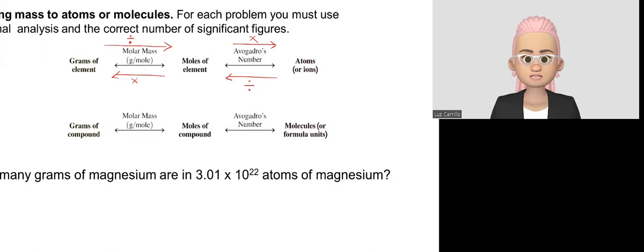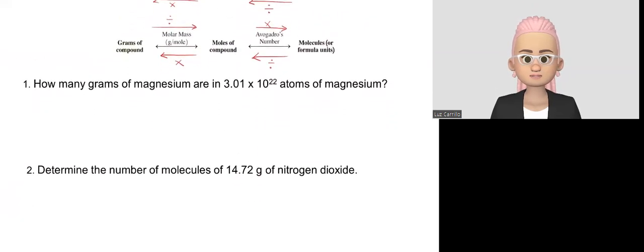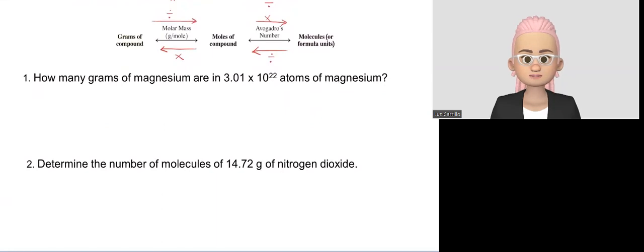So let me just write that in. As we go in this direction, we are going to divide. Here we're going to multiply, and the reverse means that we're going to divide. And here we're going to multiply. Let's do one application problem so we can see specifically this at work.